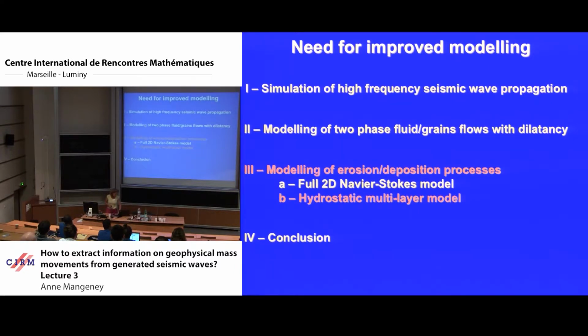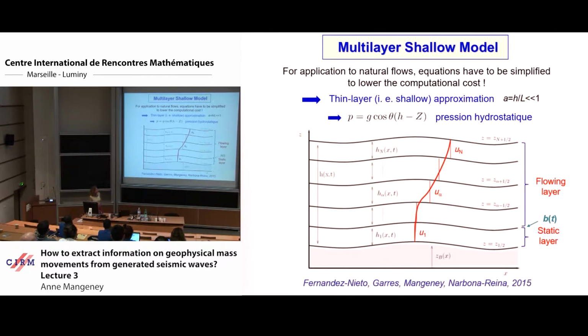And in this framework, what you do, you have a description of variation of velocity in depth, but you simplify your equation by assuming hydrostatic pressure. So you still have less heavy models, but what you want is a velocity profile, and you hope that the velocity profile calculated in this case is not too far from the true velocity profile.